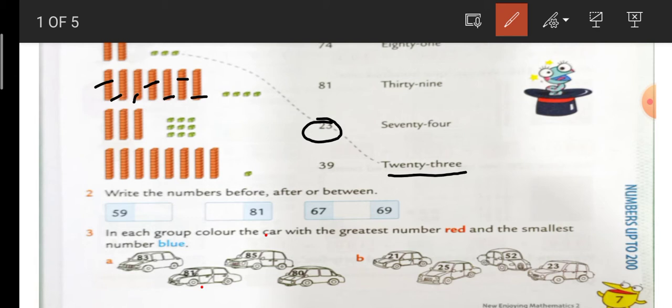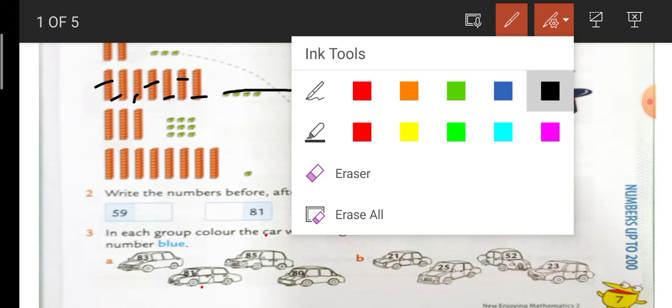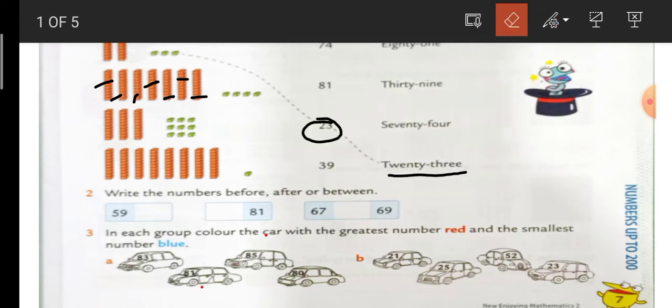So 7 tens plus 4 ones is 74. This will go to 74, then it will come to the spelling 74. Hope it is clear.